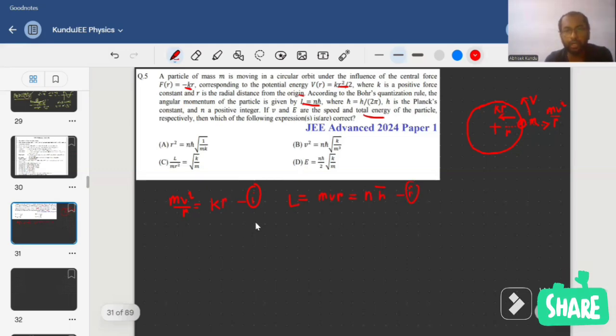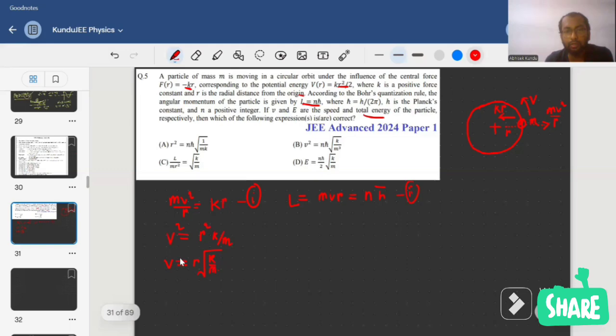So from the first equation we can find v in terms of r. v square equal to r square k by m, so v equal to r root over k by m.